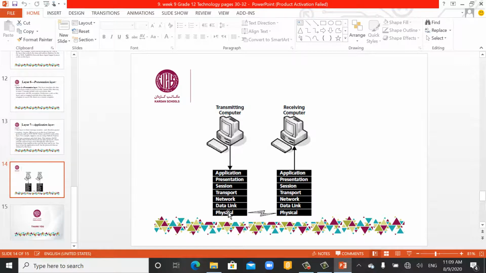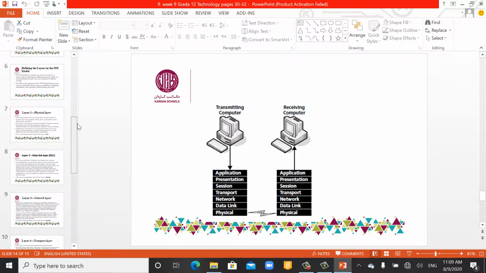The transmitting computer should send the data through 7 layers, and the receiving computer should receive the data through 7 layers. I mean, 7 layers are necessary according to TCP. So the first layer is the physical layer, as you know, the physical part.